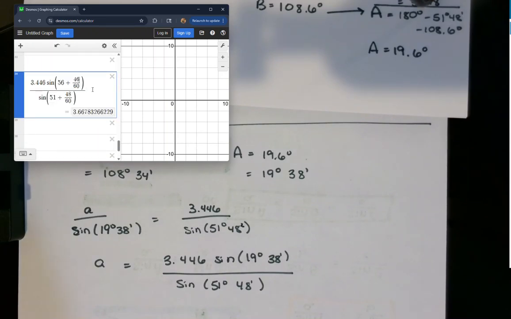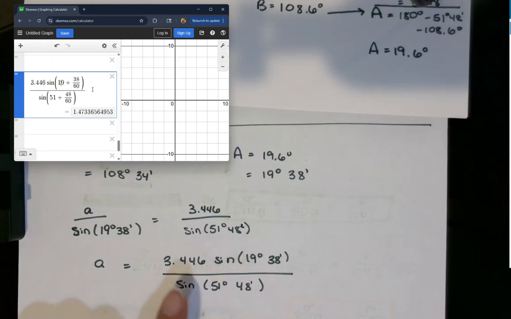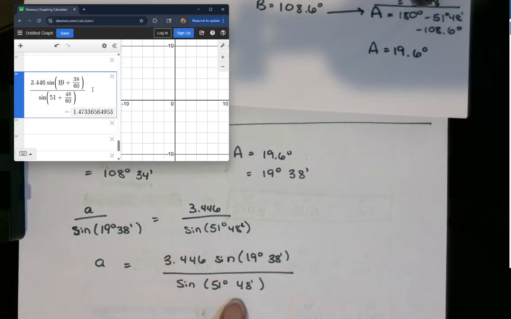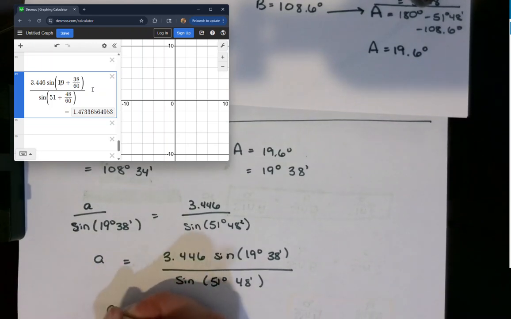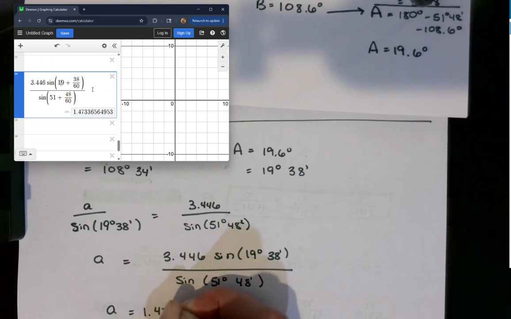Sine of, let's change this here on the top to be 19 degrees 38 minutes. The rest of it is still good because those came from C, which we're using again. So this will give us a little a measure of 1.473.